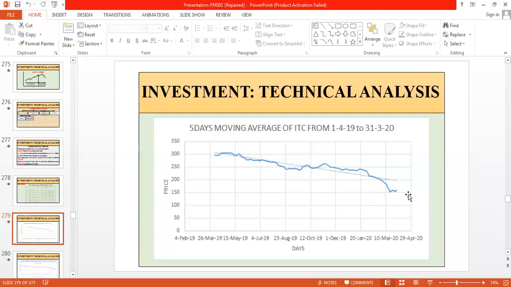So, in the last financial year, the ITC share price had a general trend of declining. So, that is indicated by this 5 days moving average.